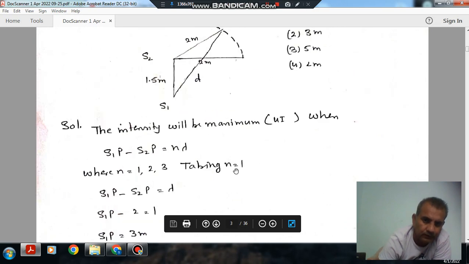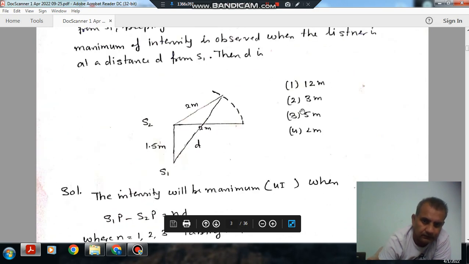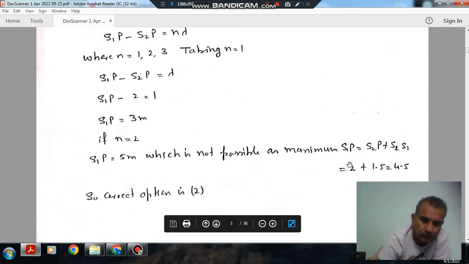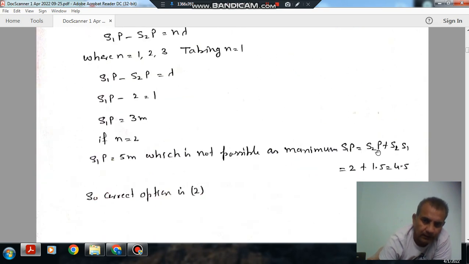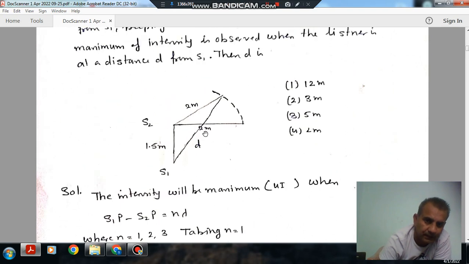Looking at the options, the maximum S1P can be is S1S2 plus S2P, because the point can be at most here.